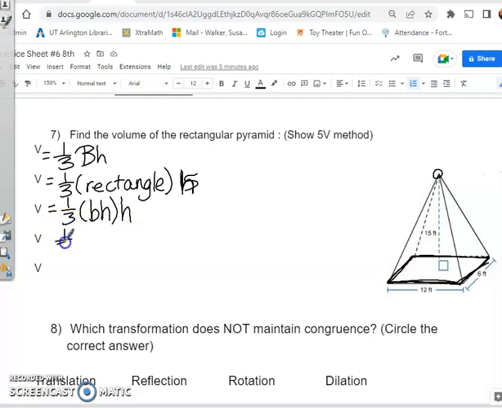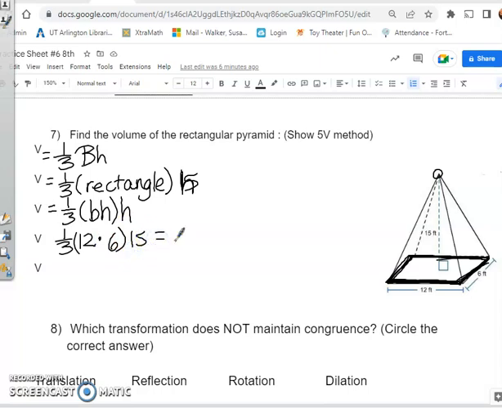Okay, so 1/3 big BH. So we're looking here. So here are my numbers. What is B and H of this? Hopefully you know it's 12 times 6 or 6 times 12, either one, and then 15.